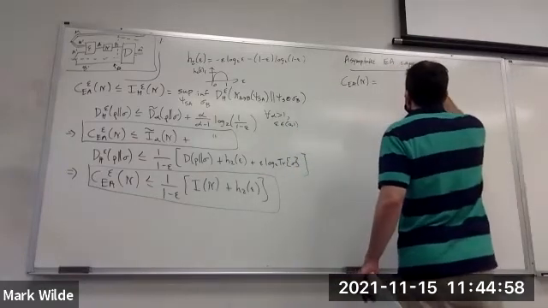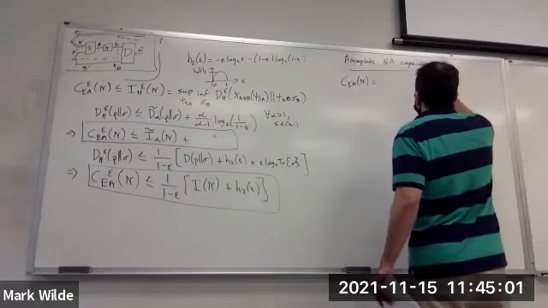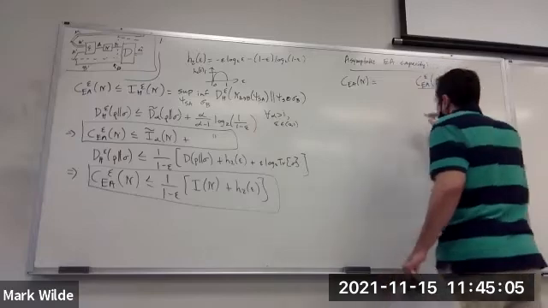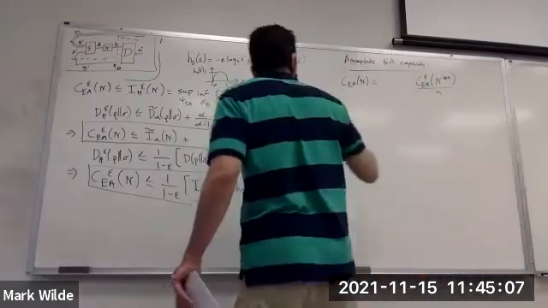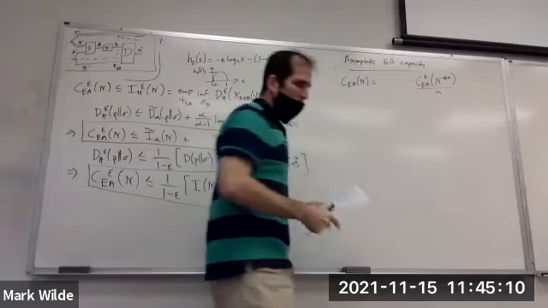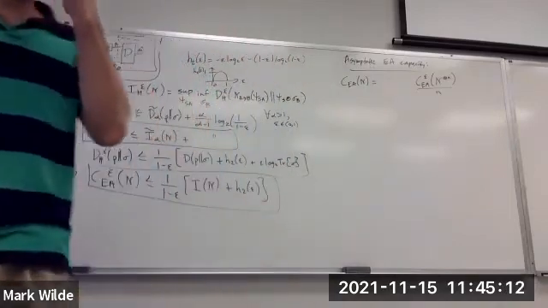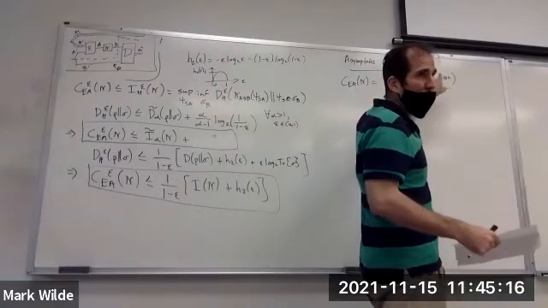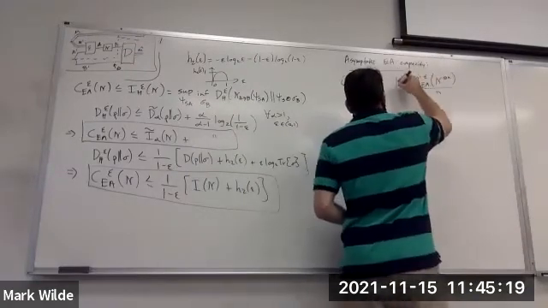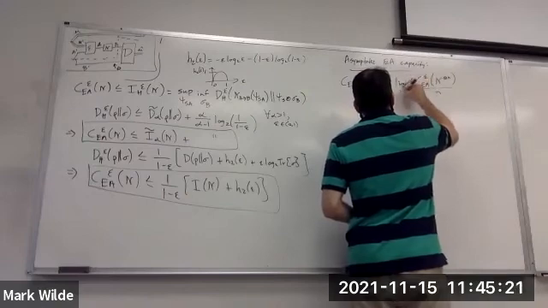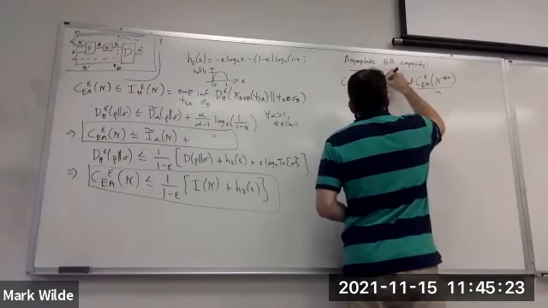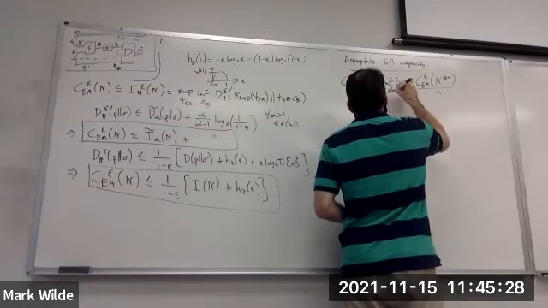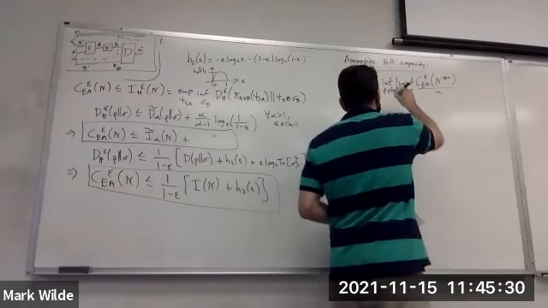Take the original channel, n copies of it, divided by n. This one-shot capacity, the units are bits, right? So now we're doing bits per channel use. That's a rate. And then we take the limit as n goes to infinity, and as epsilon goes to 0. That's the asymptotic capacity.